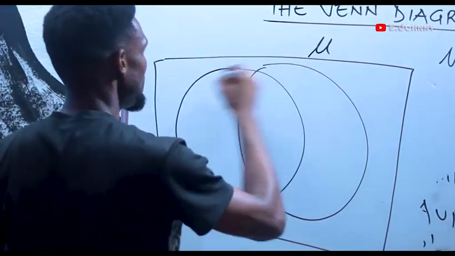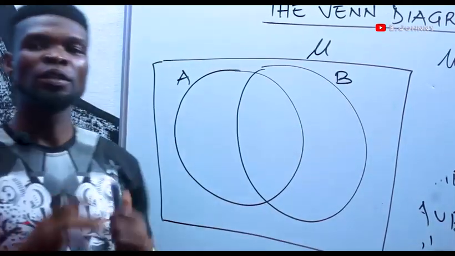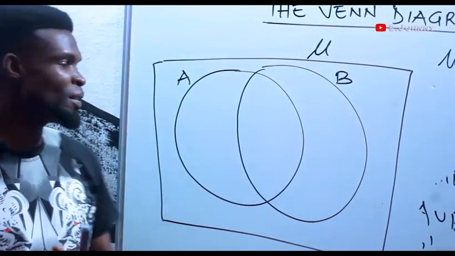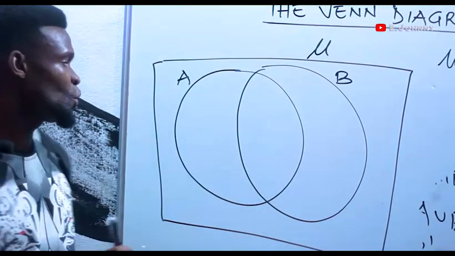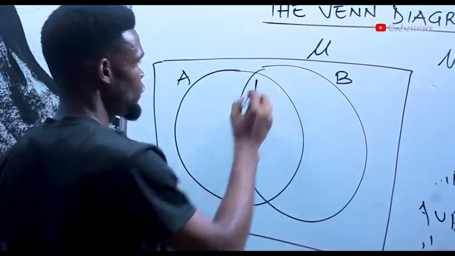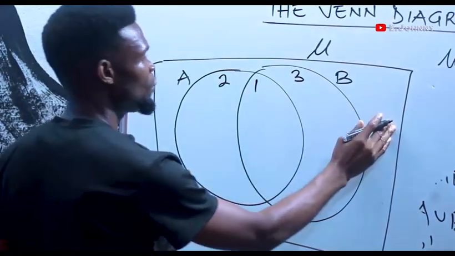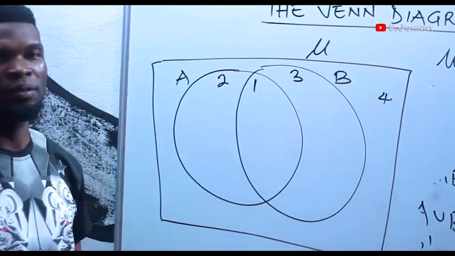Please note, it is important to know that anytime you are dealing with the Venn diagram, you must always start from the intersection. Very, very important. So let me say this is the first point. Let me call this point 2, let me call this point 3, and let me call the outside point 4. So I want to name these 4 points. Very simple.